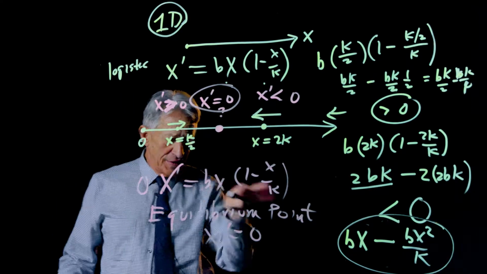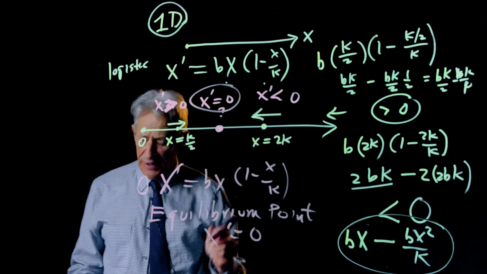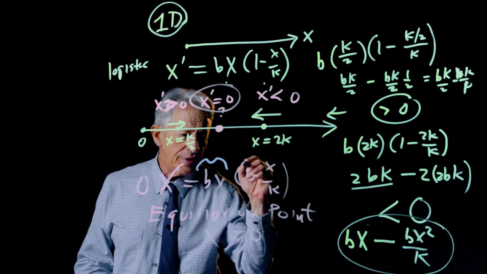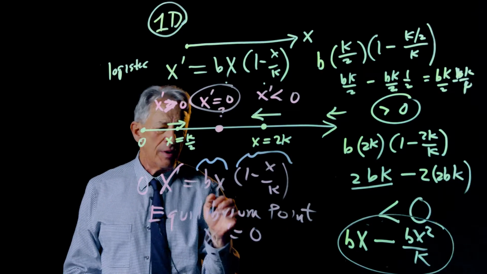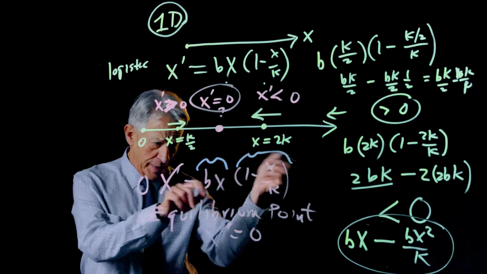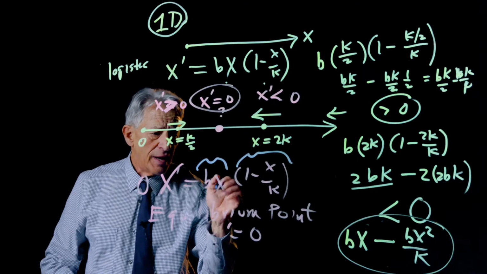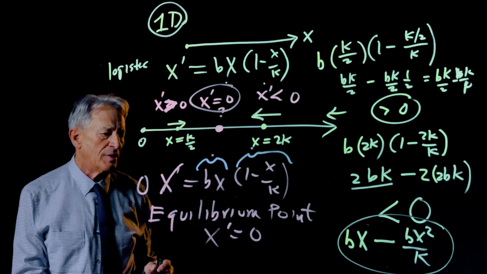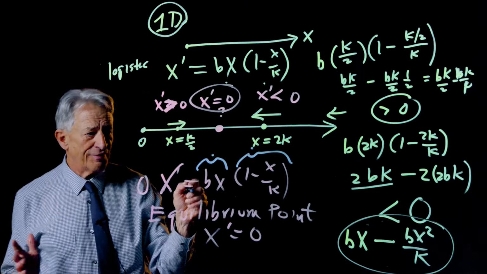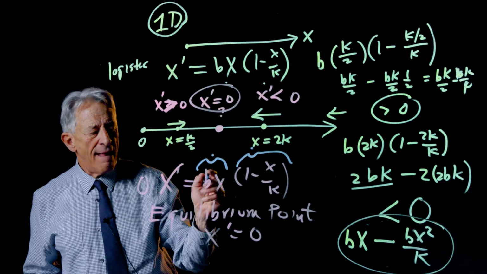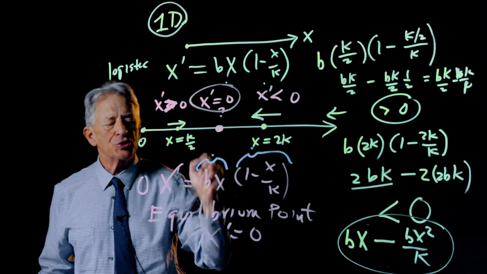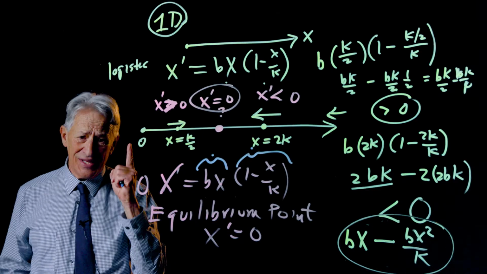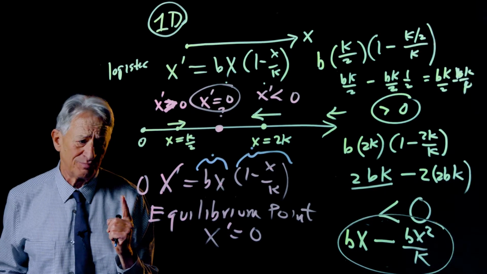Now, as I said, it's easy to find that here, and it's especially easy to find it because we left this equation in its factored form. This equation, x prime equals bx times 1 minus x over k, has this term times this term. And we know from elementary algebra that if the product of two terms is going to be 0, then at least one of them has to be 0.